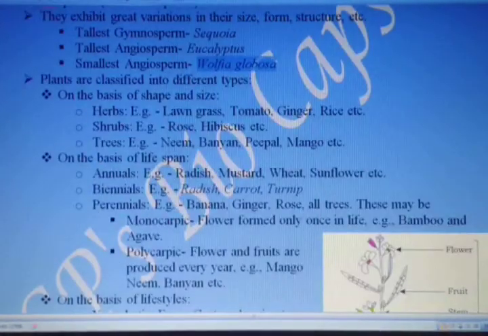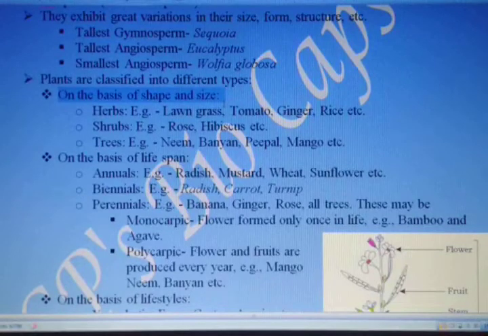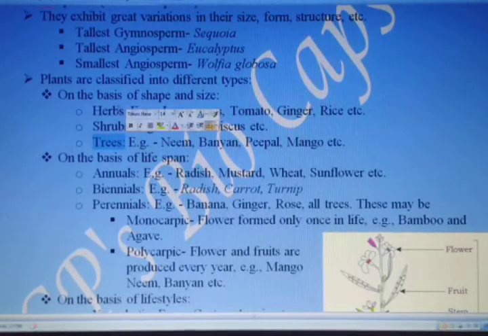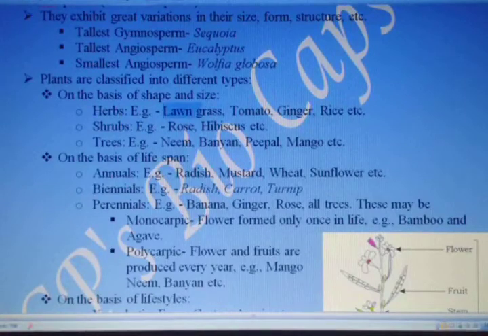For example, first, on the basis of shape and size, plants can be classified into three groups: herbs, shrubs and trees. When we talk about herbs, these are plants which are short in height. They do not live for more than 1 or 2 seasons.